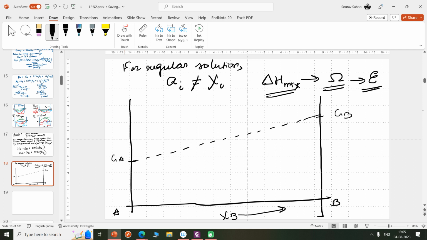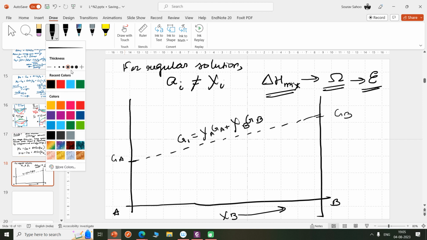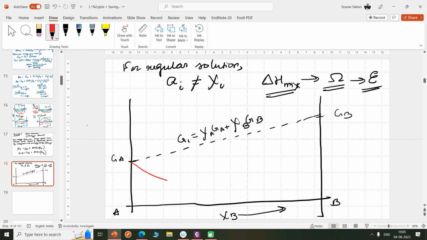This is initial is equal to Ga, Ga, after mixing, this is how it is. Okay.